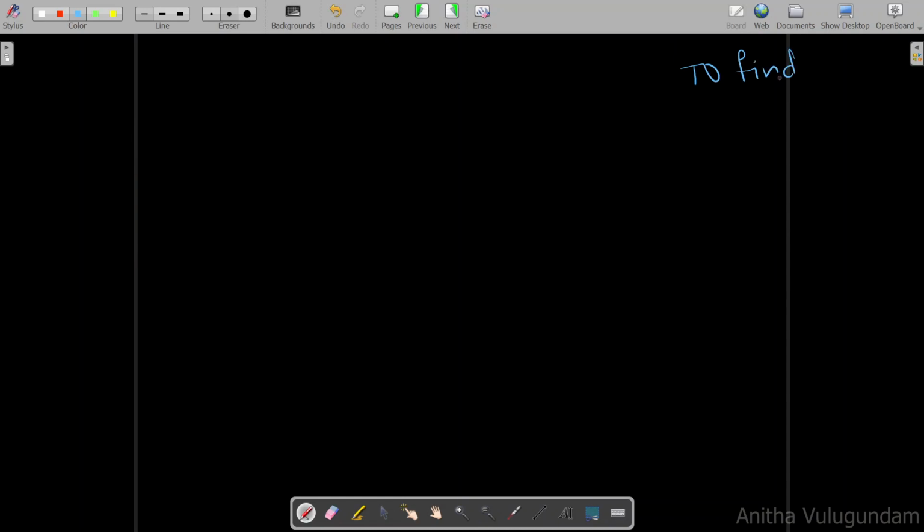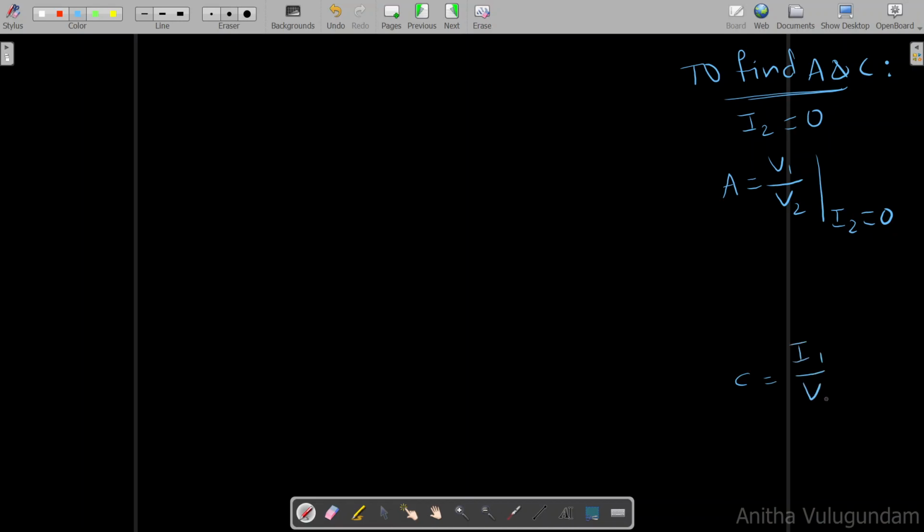To find A and C, I'm just rewriting the things which we have written in the earlier slide. To find A and C, I2 equal to 0, A equal to V1 by V2 when I2 equal to 0, and C equal to I1 by V2 when I2 equal to 0.